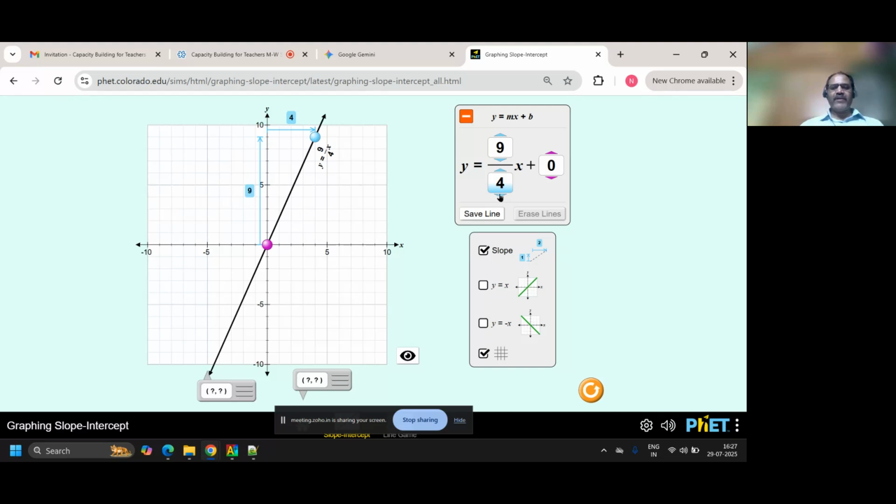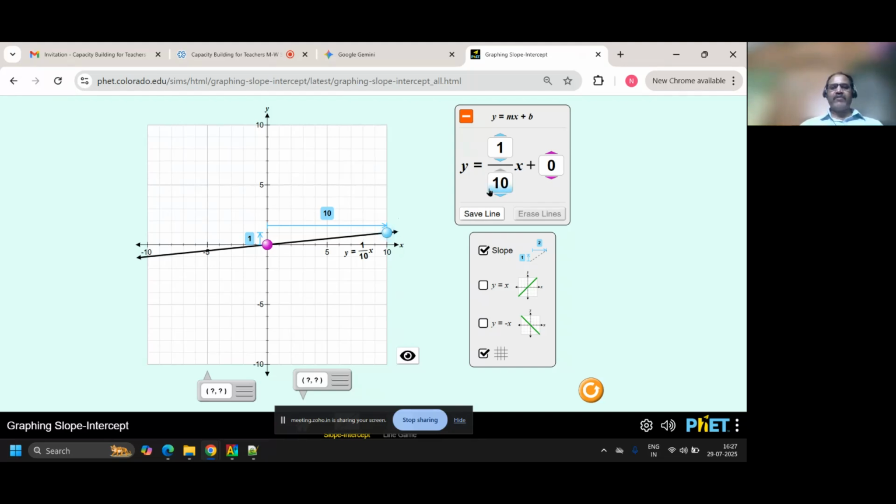If I increase the denominator, the more I increase, it comes closer to the x-axis. When it comes closer to the x-axis, the line will become almost parallel.